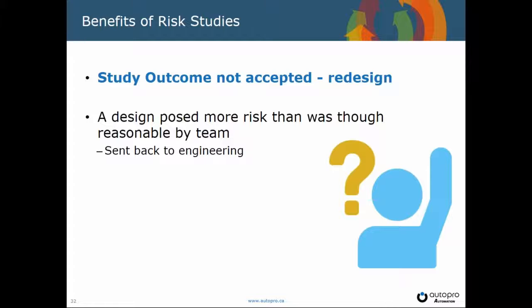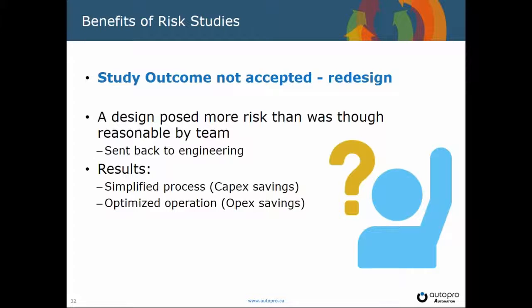In a study I was involved with, a design posed more risk than the team was reasonably willing to accept. We studied the same scenario 2 or 3 times, came up with the same result, and every time everybody said this doesn't make sense. So it was sent back to the engineering team, and the result was they simplified the process. They ended up removing the problem area.